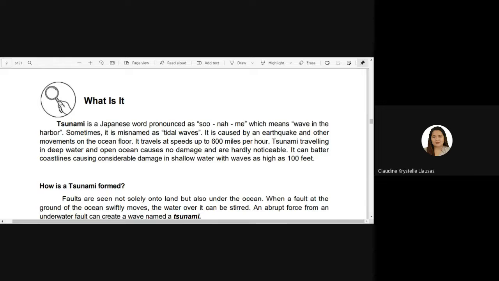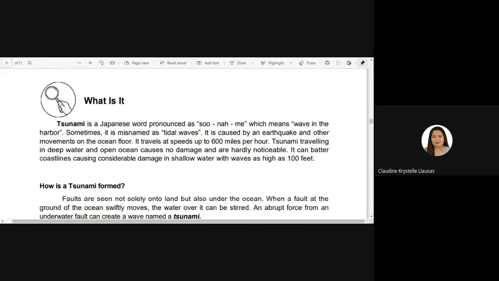Wala ta kabalo nga naay mga nahitabo nga earthquakes in the ocean. Kung naa, una gyud nga ma-predict is if naay tsunami nga mahitabo. So, meaning to say, if there is an occurring earthquake in the ocean floor, sa dagat, atong unang bantayan if naay tsunami. Dako dayon siya.